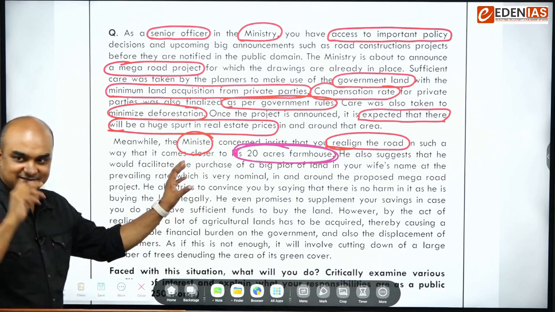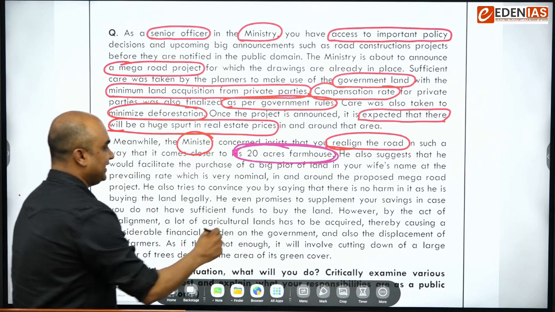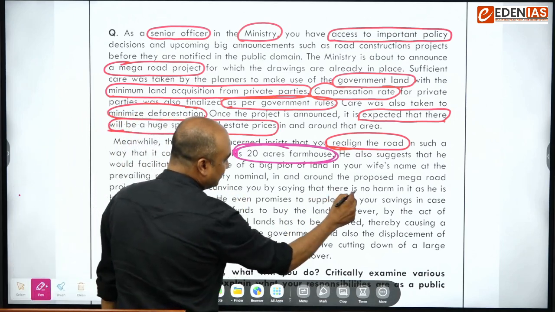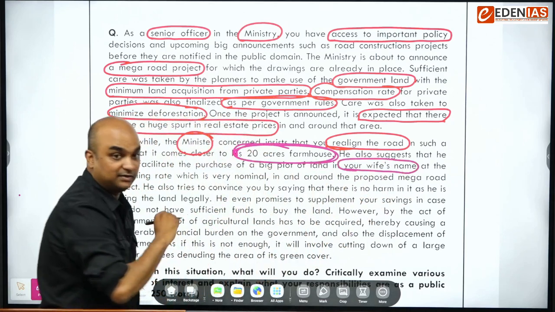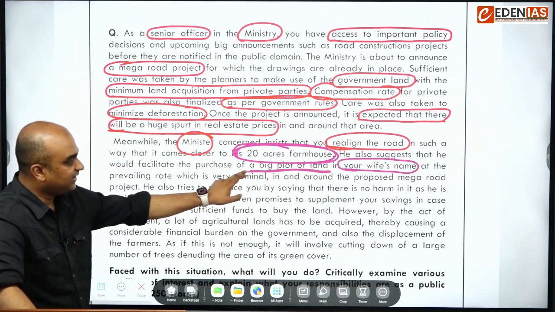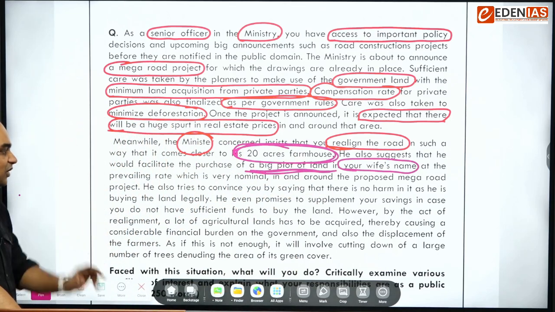Obviously, he has some ulterior motives in mind, some vested interests, and he says that he will also save you and there is no harm. He will help you purchase a big plot in your wife's name, and he'll also supplement the resources if you fall short on them.